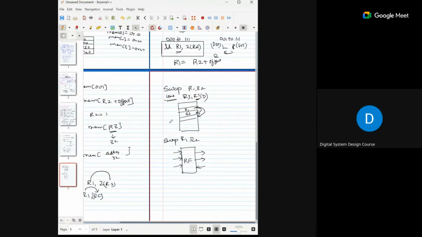Now, if I execute this instruction, I take R1 from here and R2 from here, and pass them to my arithmetic logic unit or some other processing unit, and it gives output this way. I want to store it, so the content of R1 and R2 is supposed to be modified. Do you think it is possible in a single cycle?